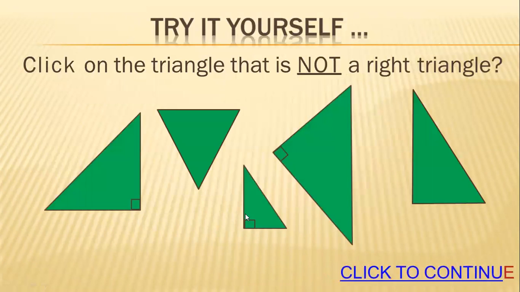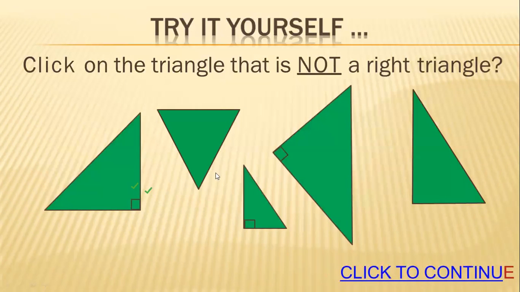Anyhow, let's see. Click on the triangle that is not a right triangle. So let's see, which one is without the square symbols. Yes, so this one is absolutely right.